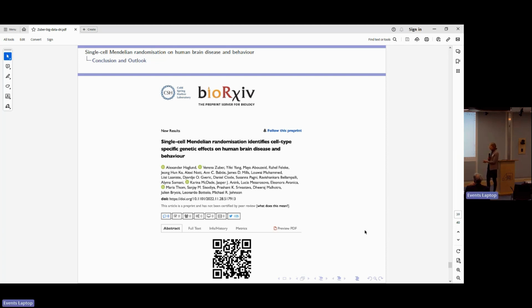Thinking of other big consortia like the eQTLGen consortium, which has around 10,000 individuals, there's this trade-off. But I think for many traits, it makes sense to look at this particular single cell data with the cell type resolution.